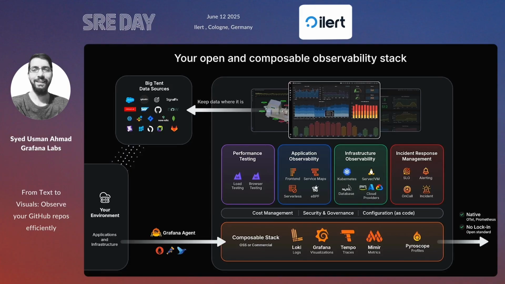For front-end performance, we have Faro, and eBPF as well, which is known as Beyla. And we have tools for infrastructure observability as well, like a whole set of applications for Kubernetes or for cloud services. And last but not least, for alerts and so on. So you can get all these in a single place.